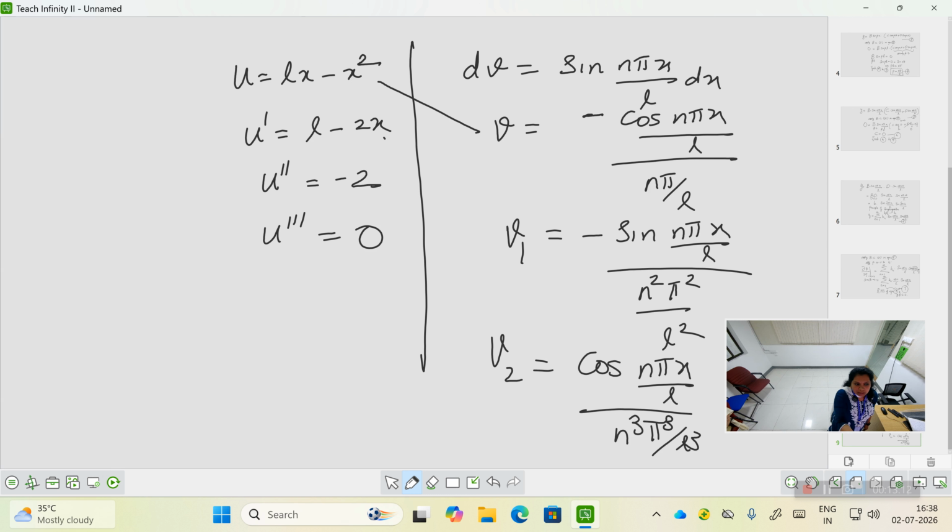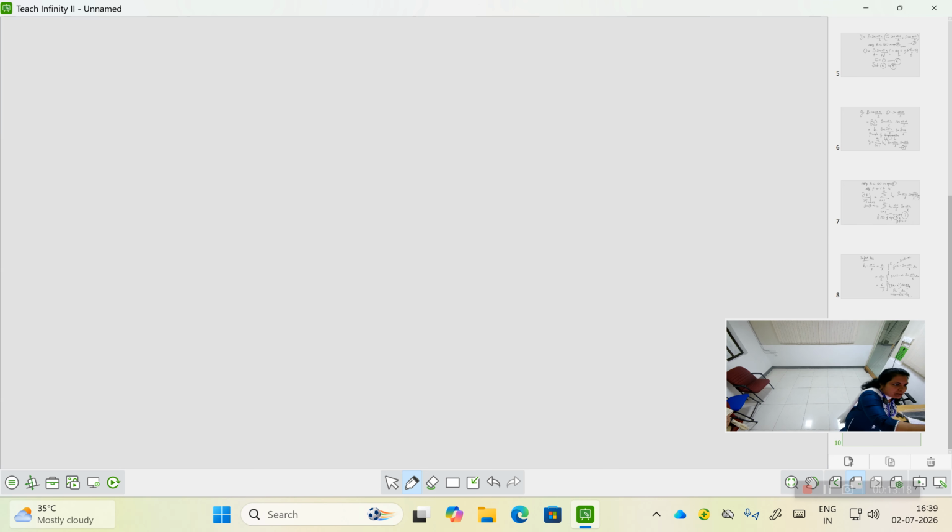So now, as you know, uv, u dash v1, u double dash v2. Now substitute all values one by one.